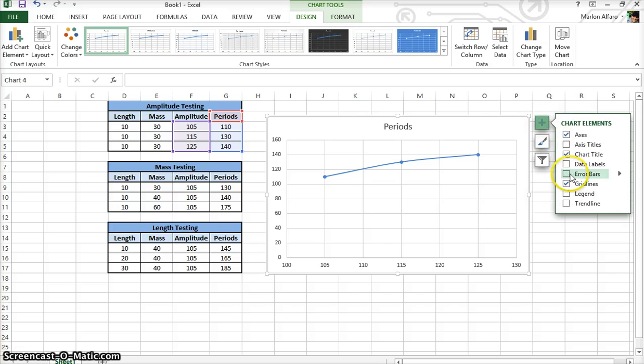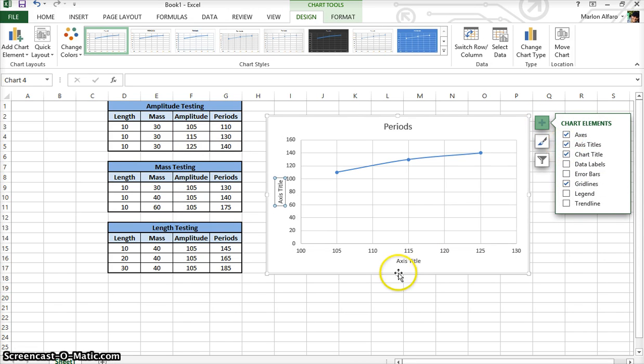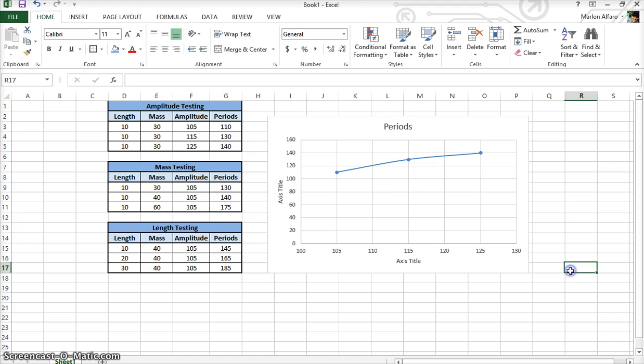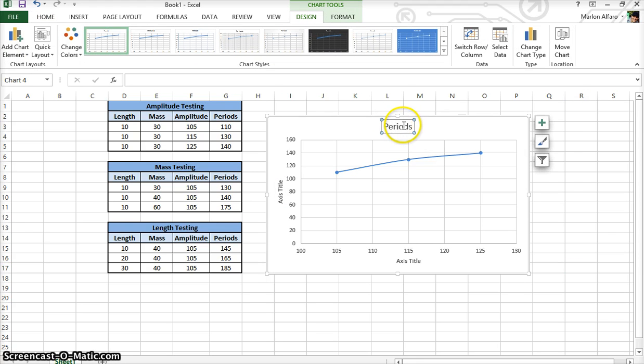When you do the graph, make sure you add your axes. Your axes are going to be here, and then make sure you title them.